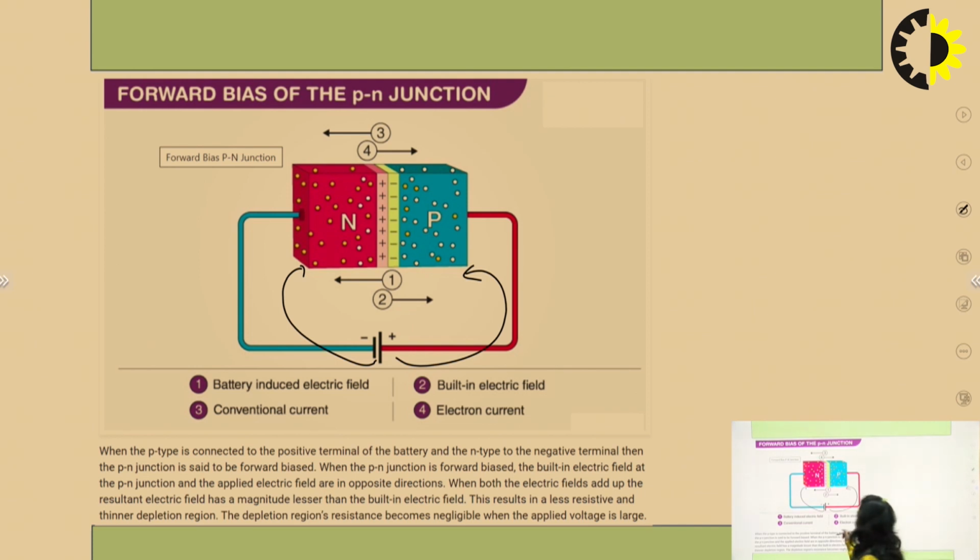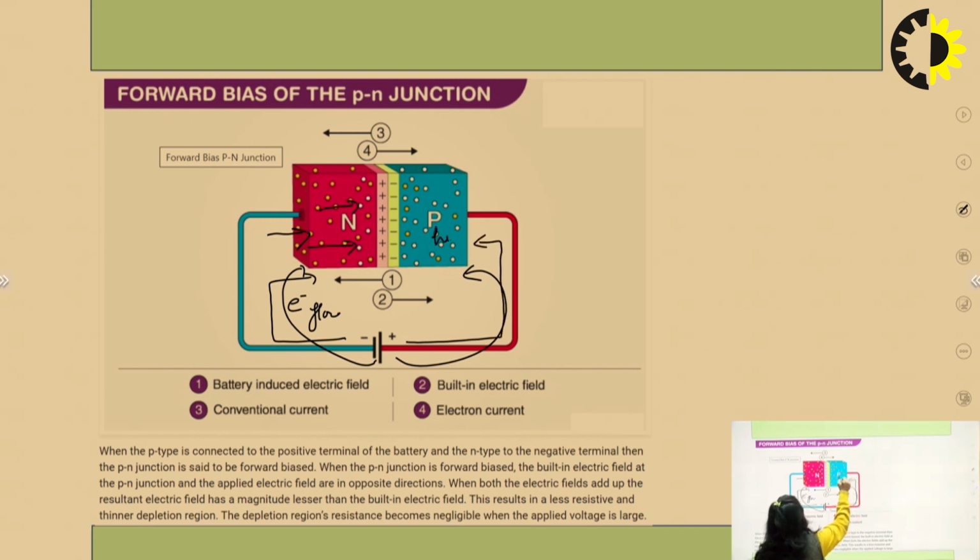As this is the positive supply, electrons will flow from the N side, and from the P side the holes will move towards the junction, and they will exert force here, because they get energy from the external battery.